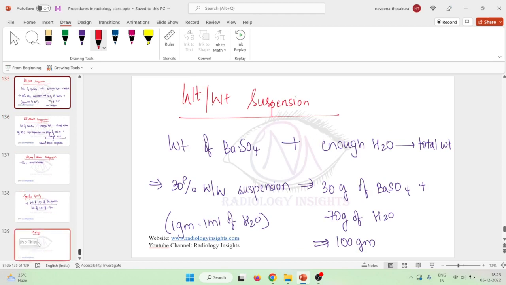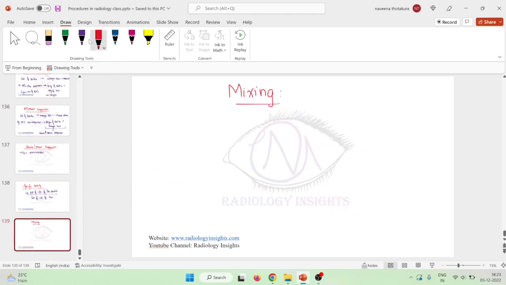It is not that simple, because barium sulfate is a powder and you are mixing it into water. The main thing is that barium sulfate is insoluble in water, so when you mix it, it should form a stable suspension.